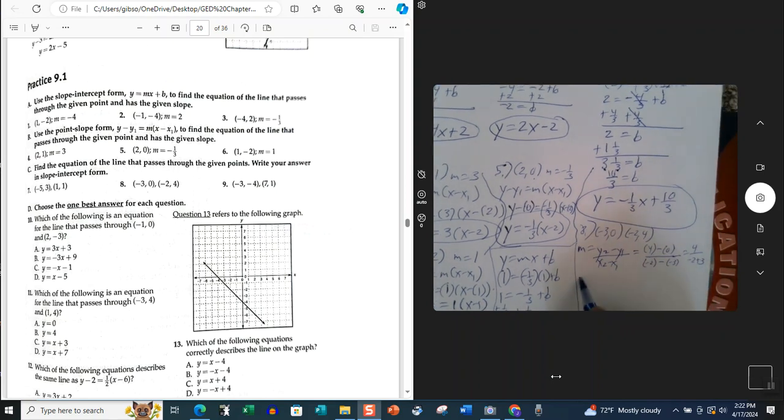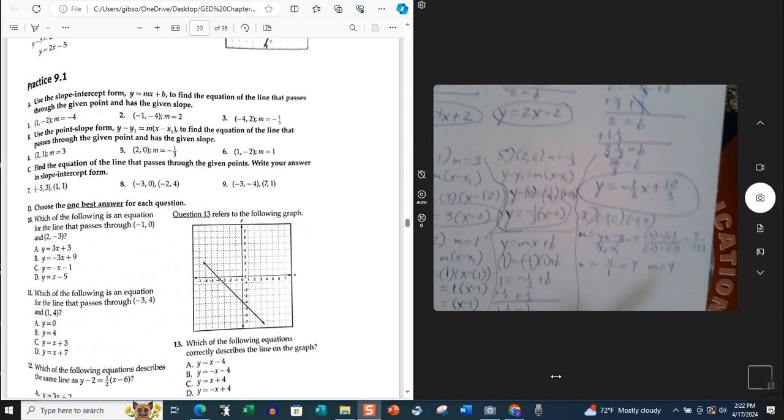Okay, so now our slope, we will have 4 over negative 2 plus 3, which is just 1, and so our slope would be 4. So now we have our slope.